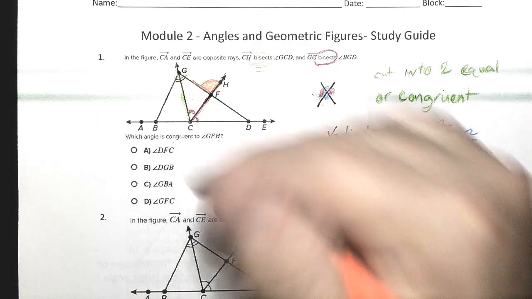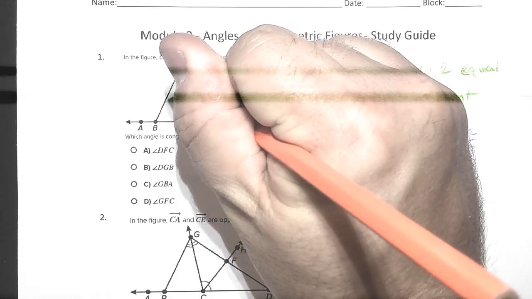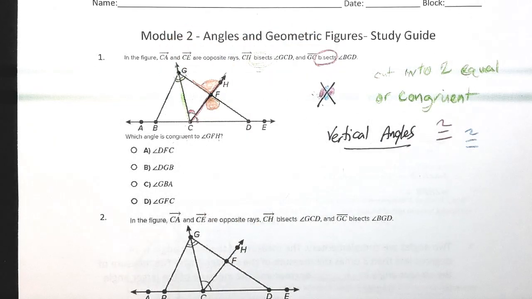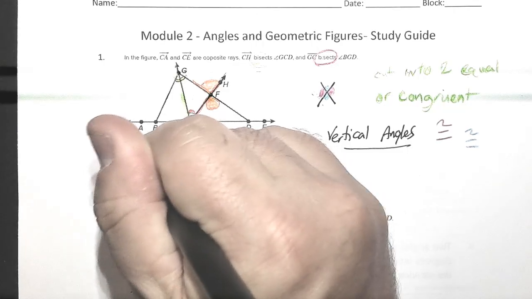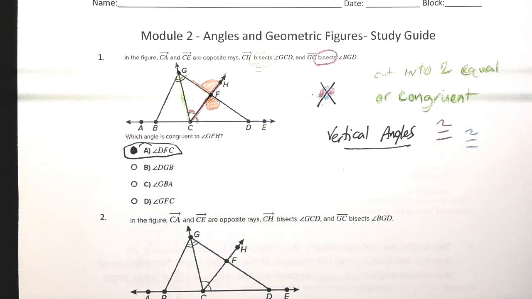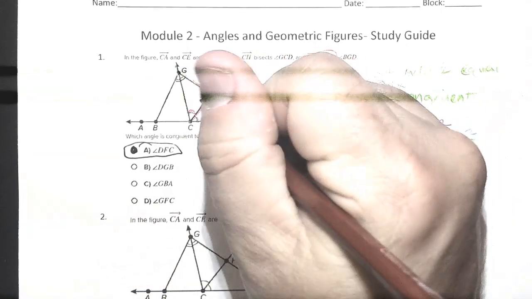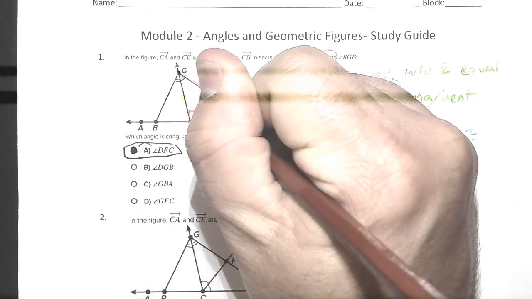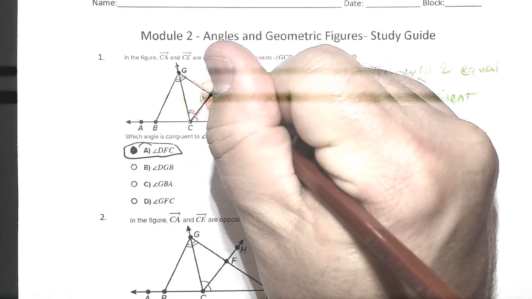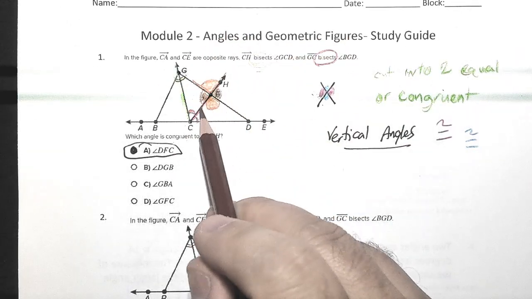Let me color it orange. DFC, or you can circle it. So the oranges in this case would be congruent, and let's make the other side brown. So the oranges would be congruent, the browns would be congruent.